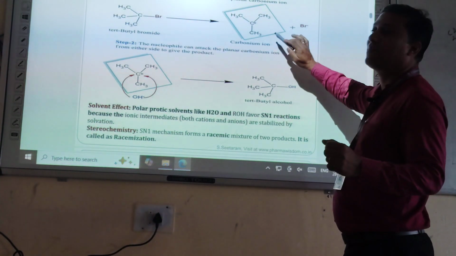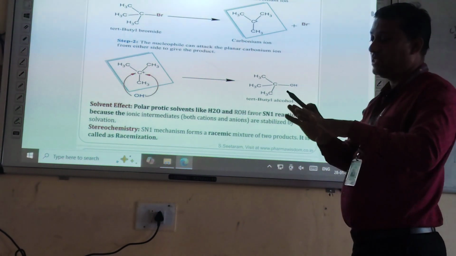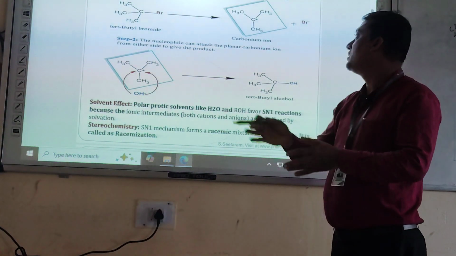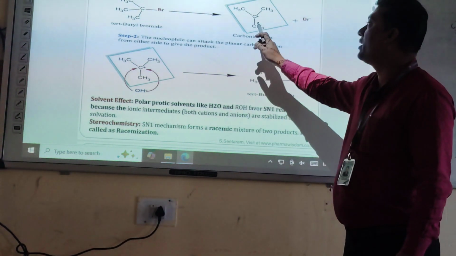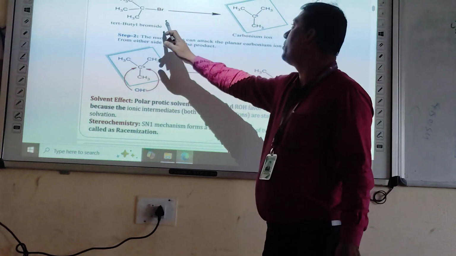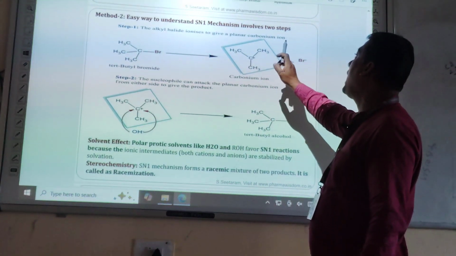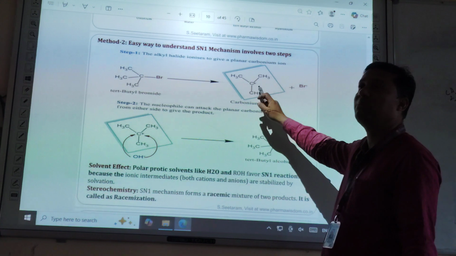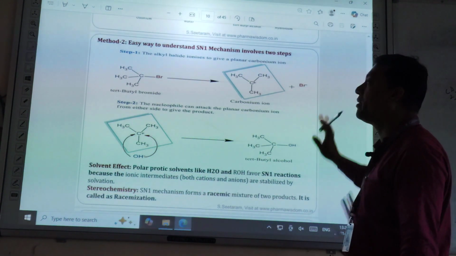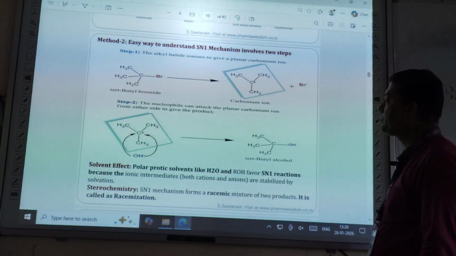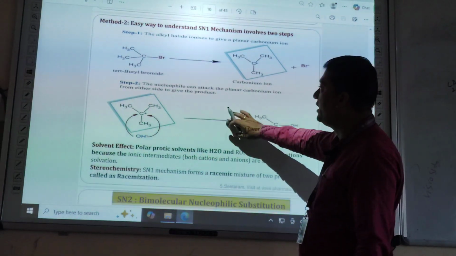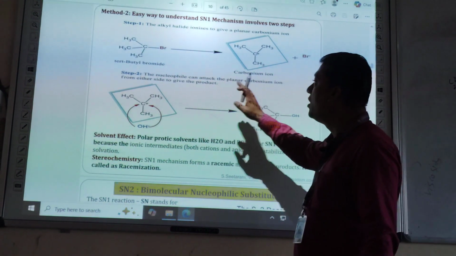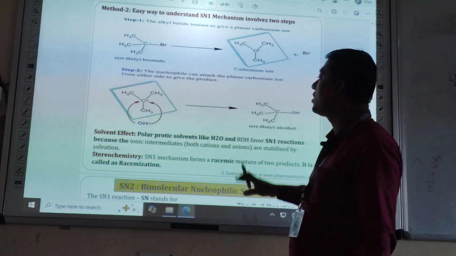It is present in a plane. The tertiary butyl bromide will form the planar carbonium ion. Carbonium means positive ion. At the central carbon the positive charge is there, plus bromide radical.